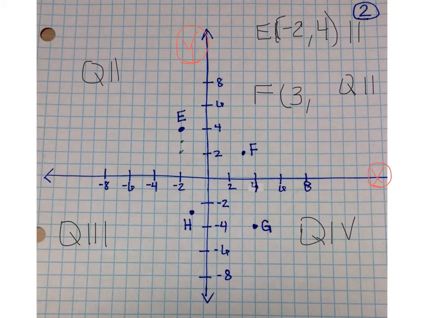And then we count up 1, 2. So that is (3, 2), and it is in quadrant I. And I just realized I wrote an extra one here. Boy, this is not my day today. Okay. This is quadrant I. Let me put a little box around them so we can see them better.